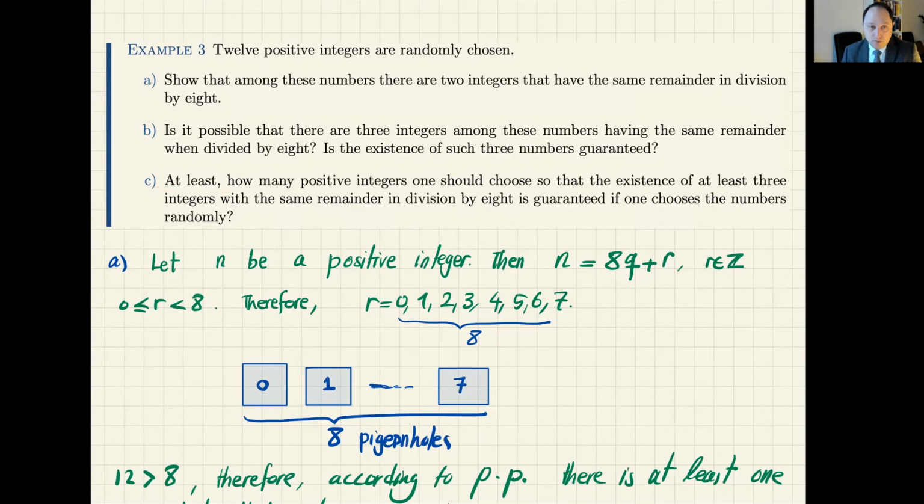It is 16, but 16 is not enough, because if I'm so unlucky, the first 8 will fill from the first box to the last box, and the second set of 8 integers will fill from the first one again to the last one. So if I choose 16, it is still not guaranteed, but as soon as I choose 17, it is definitely guaranteed that at least 3 of them have the same remainder if I divide them by 8.